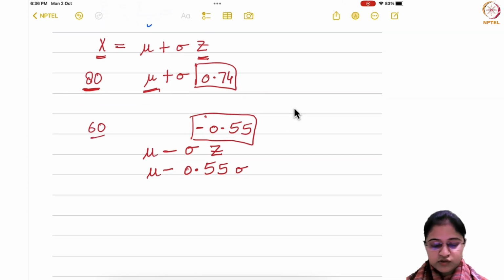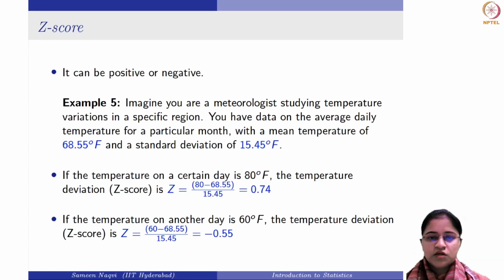So this value 60 is basically 0.55 standard deviations below the mean, because you are subtracting something from that. So here we say that this is 0.74 standard deviations above the mean, and here we say that it is 0.55 standard deviations below the mean. So z-score can be both positive or negative.